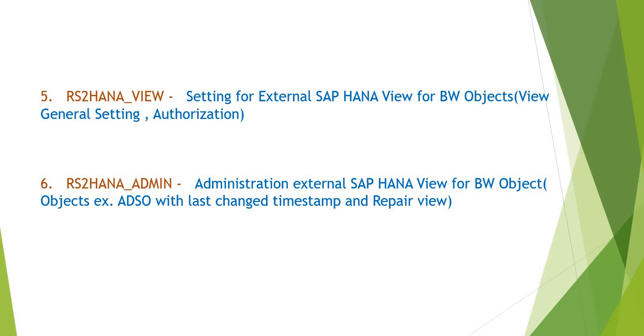Next, RS2HANA_ADMIN. Here you can see more about the admin related information of the SAP HANA view for BW objects. You can see the objects, for example ADSO with the last changed timestamp, and also you can repair the view using this transaction.